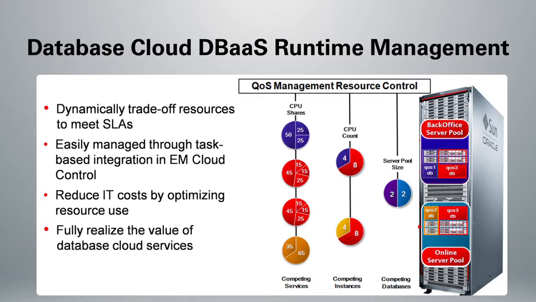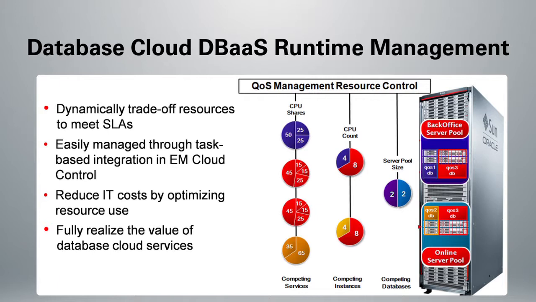So for example, I can actually manage shares of the CPU inside the database with competing workloads that are competing with different services within a database. So allowing me a certain level of schema as a service support. Alternatively, I can actually manage multiple databases running on the same hardware by varying the CPU count between the different databases.